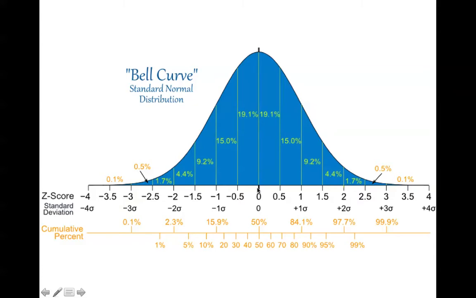And one standard deviation from the mean is here, or here. And these stripes represent percentages of the population that fit within this range. So you might say that from the mean to half a standard deviation from the mean contains 19.1% of the population.